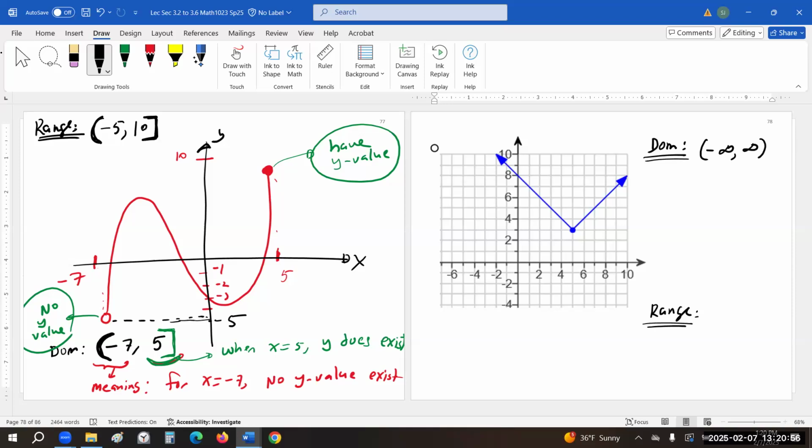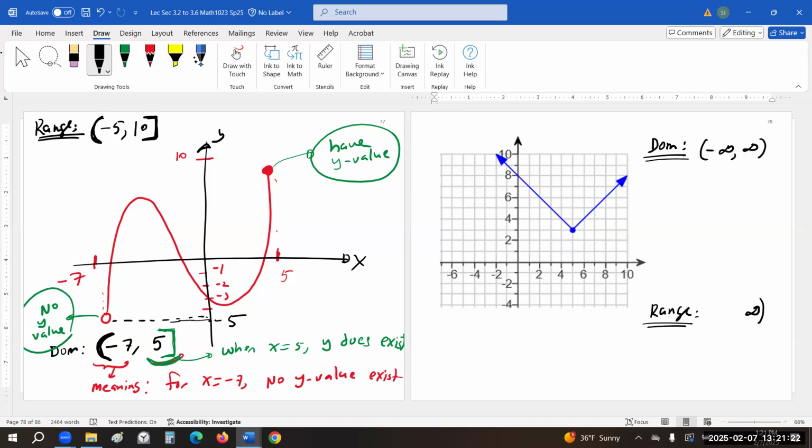Who would like to try range? Positive infinity is the largest one, but remember, when you write the range, it doesn't go from the top down, right? So you have to give me the smallest number first. What is the smallest y value you have in your graph? 8? 8 is here.